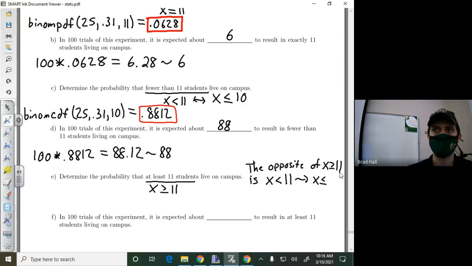And guess what that is? That's the 10. So that's the part we're going to find. We're finding the opposite just so we can use the calculator. And then we can subtract that probability from 1 in order to obtain the final probability that we wanted.